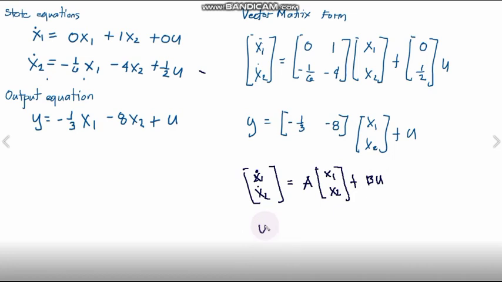And then for the y, that is equal to matrix C times x1, x2, plus matrix D times the u. Please make sure that you're familiar with this standard notation of writing the vector matrix form of our state space model.